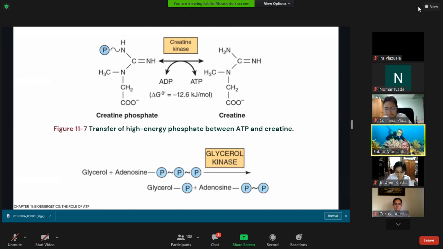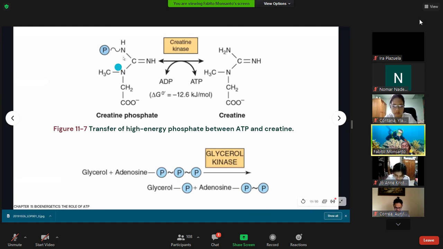Oh, here are reactions. So this is a reaction that is found in your muscles. The muscle contains creatine. And if there's plenty of ATP, because you are well fed, this creatine is converted to creatine phosphate, in which you have a high energy phosphate there.